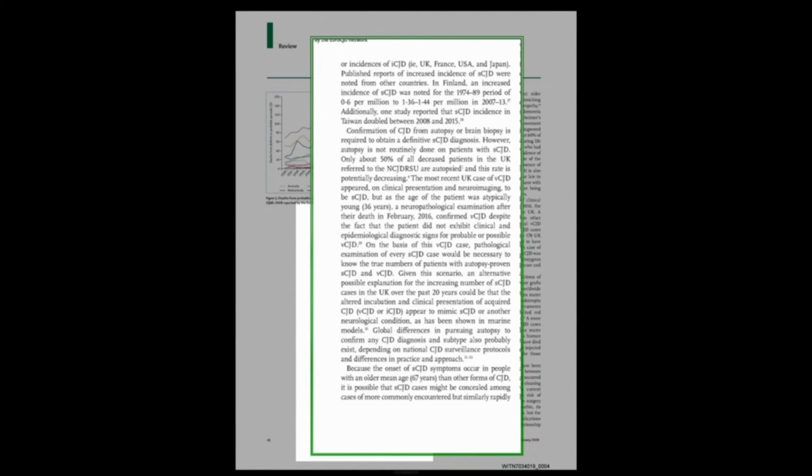Only about 50% of all deceased patients in the UK referred to the NCJD RSU are autopsied, and this rate is potentially decreasing. The most recent case of VCJD appeared on clinical presentation and neuroimaging to be SCJD. But as the age of the patient was atypically young, 36 years, a neuropathological examination after their death in February 2016 confirmed VCJD, despite the fact that the patient did not exhibit clinical and epidemiological diagnostic signs for a probable or possible VCJD.